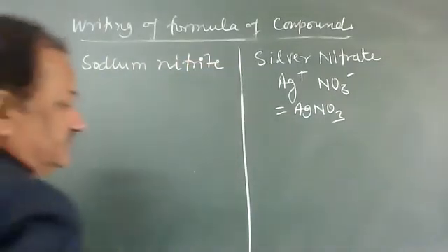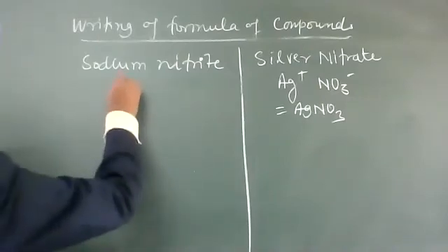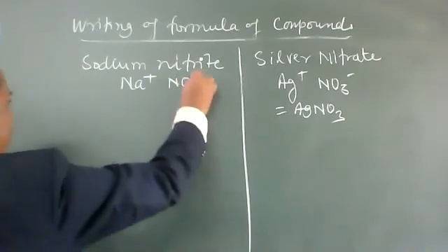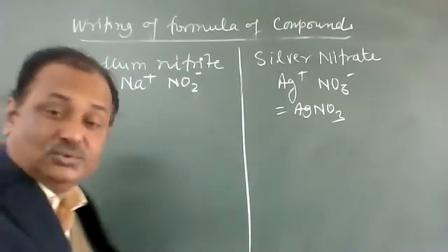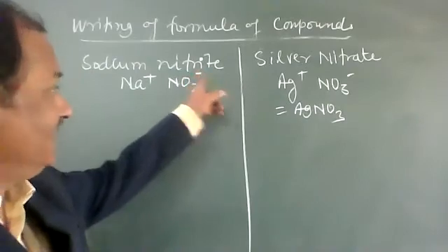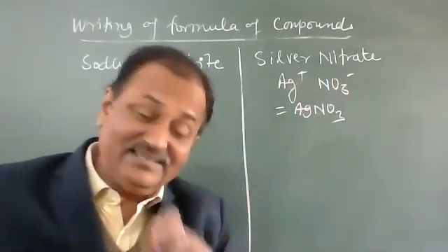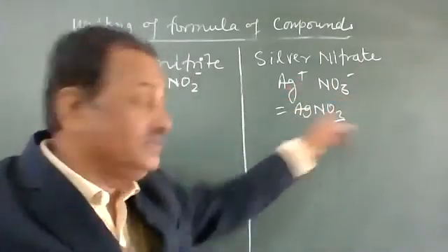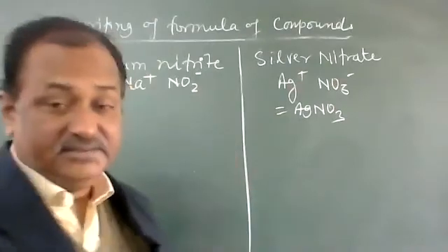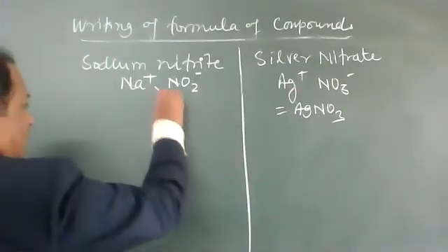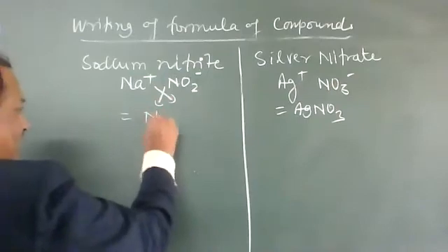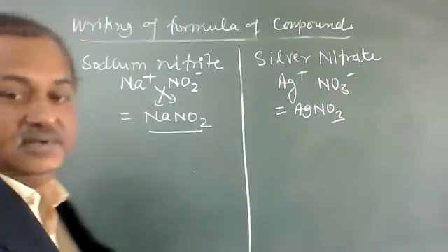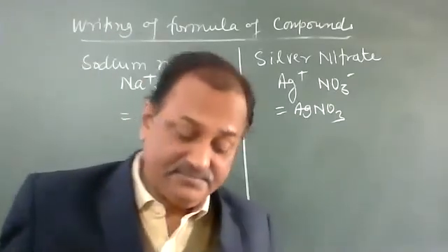Sodium Na, nitrite NO2. See the nitrite, this is nitrate. I have written it intentionally to differentiate: nitrate NO3 minus, nitrite NO2 minus. So we'll exchange the charges. So NaNO2. So we write like this.